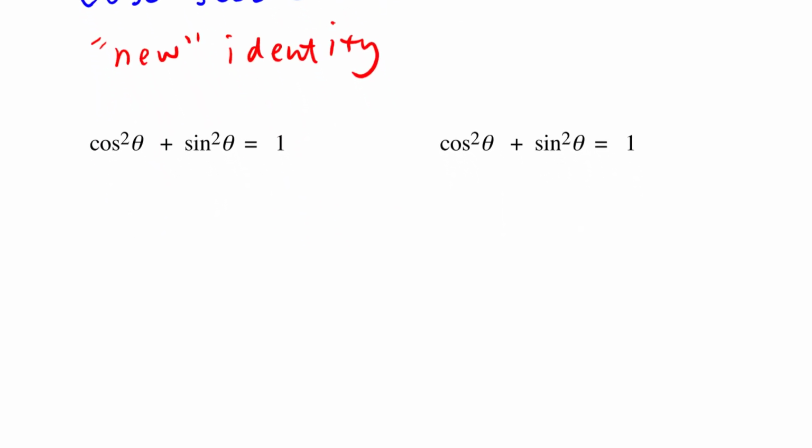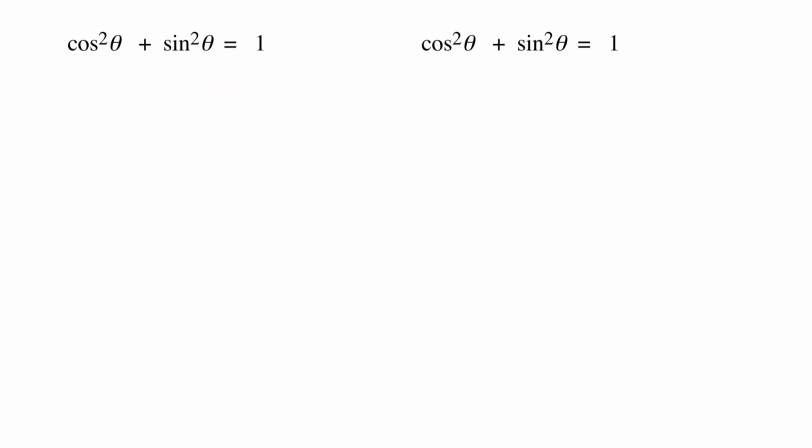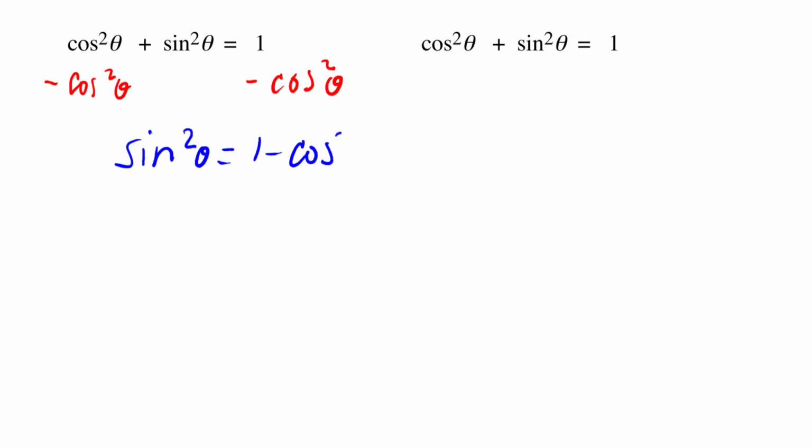Or, as we've seen in the past, we can take a Pythagorean identity and, in this case, subtract cosine squared from each side and generate a new form of that identity. In this case, sine squared theta equals 1 minus cosine squared theta. Or, as we've seen earlier, we can divide each side of that equation by cosine squared.